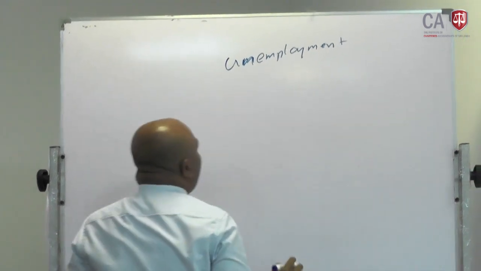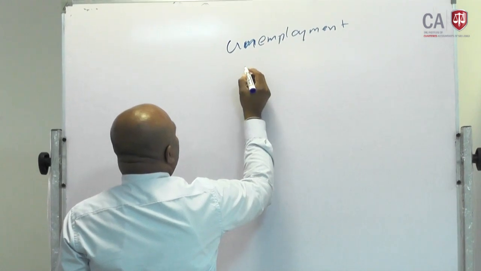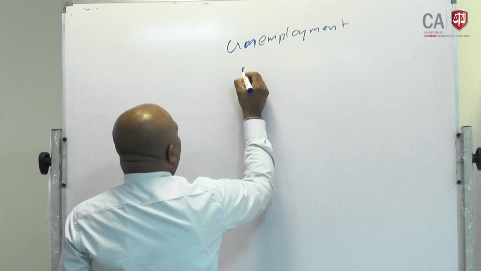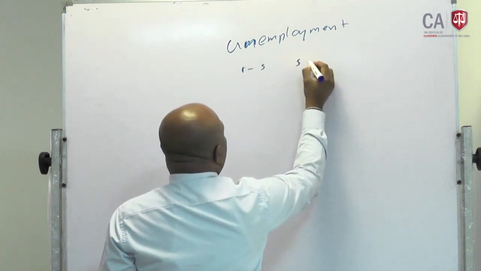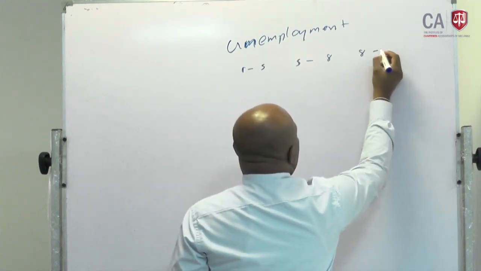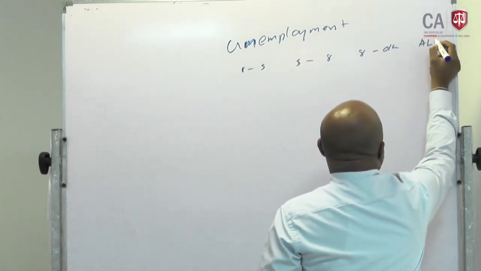In the unemployment, if we take the education level from grade 1 to 5 and also 5 to 8 and 8 to O level and A level and above.